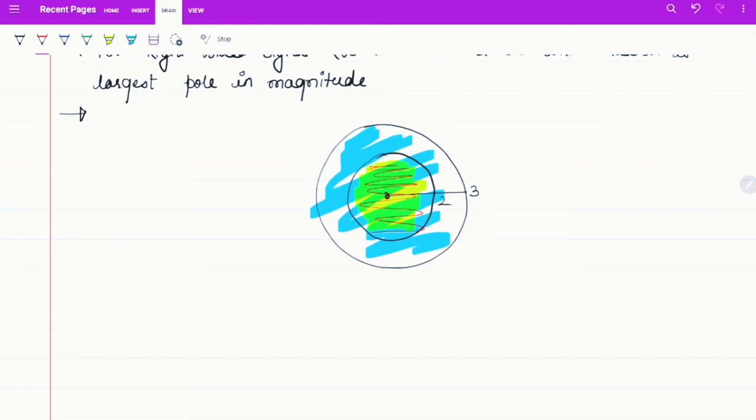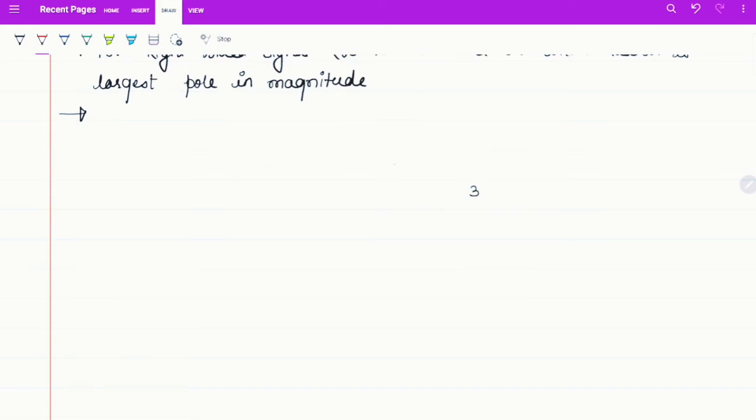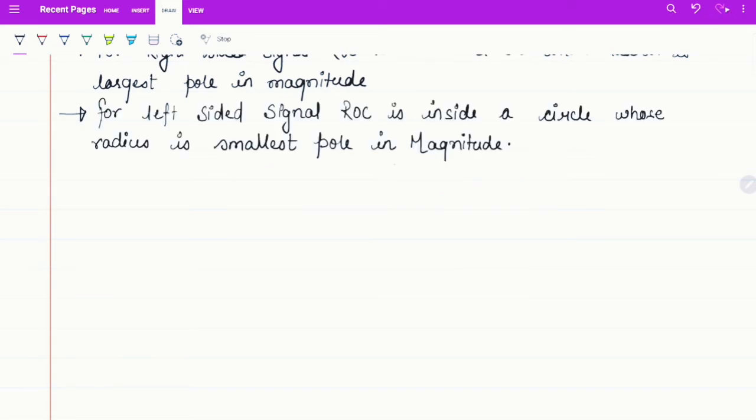So for a left sided signal, the ROC is inside a circle whose radius is the smallest in magnitude. That's why we select the region of convergence inside the circle of radius 2.